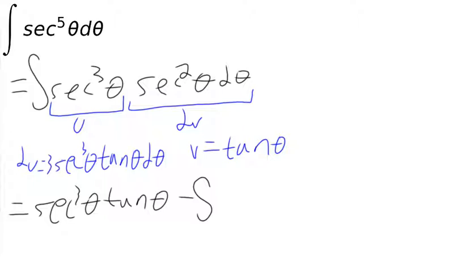Alright, anyway, so we have the v du. So perhaps I will put down, for the v, we have the tangent theta. For the du, I have a secant cubed theta and another tangent theta, so it's going to become tangent squared theta. And then for this 3, I will put it down in the front of the integral, and then we still have the d theta right here.